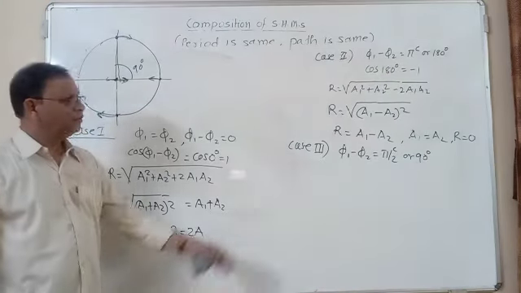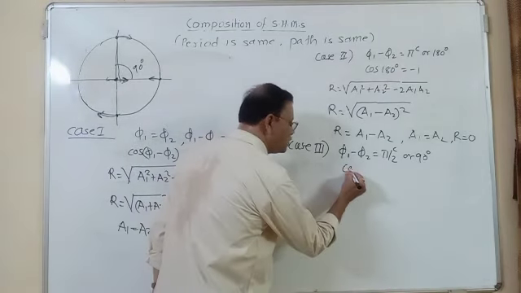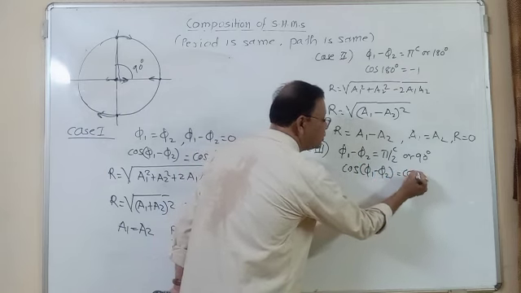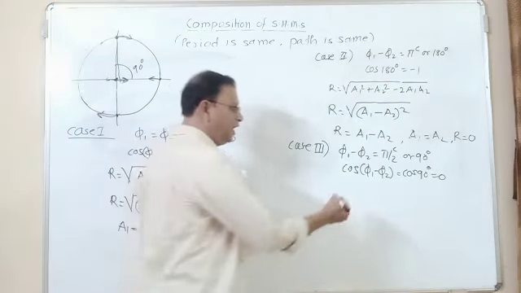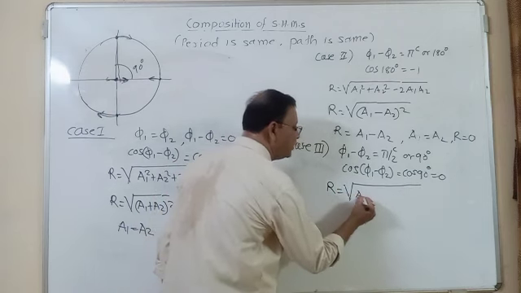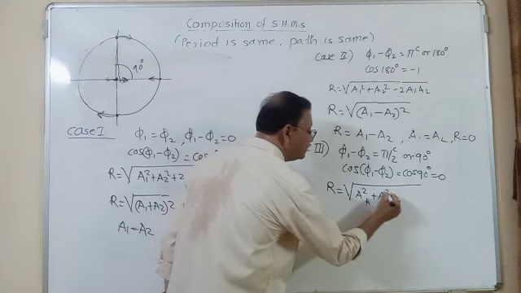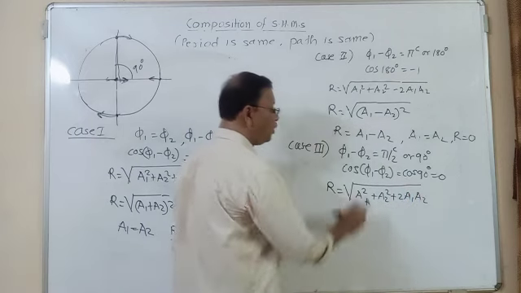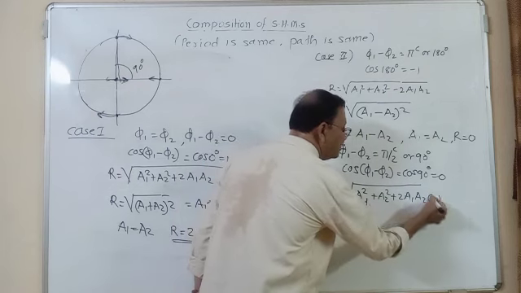Then what is the resultant amplitude? Now cos of (phi1 minus phi2) is equal to cos 90 degree is equal to 0, you know, and therefore resultant amplitude R is equal to square root of A1 square plus A2 square plus 2A1 A2 into cos (phi1 minus phi2), that is 0, and it into 0.